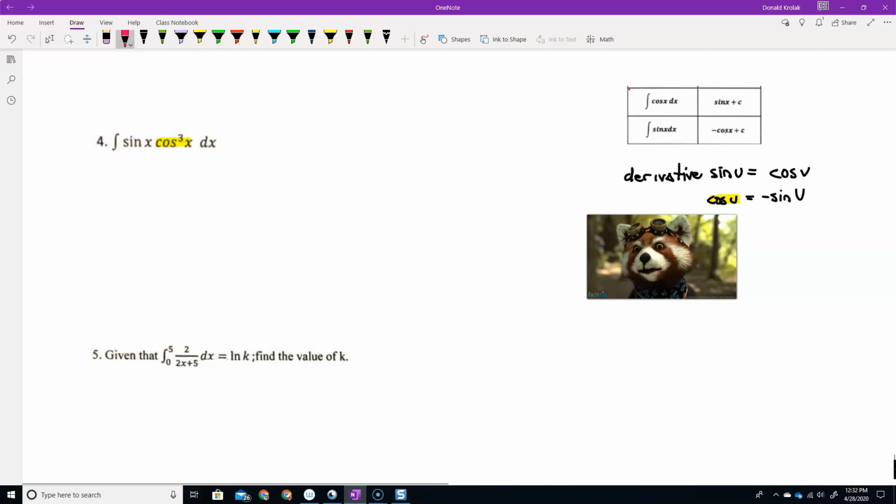Cosine to the third x is the same as cosine x cubed. So I'm going to let u equal cosine x. The derivative of cosine is negative sine.